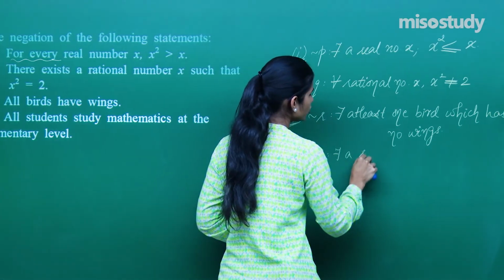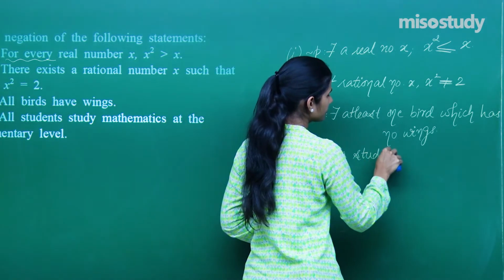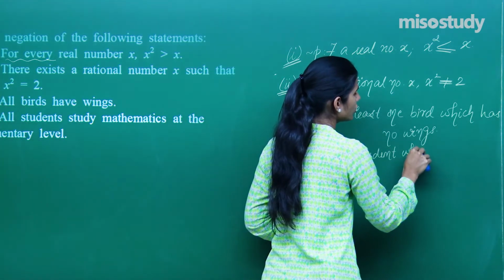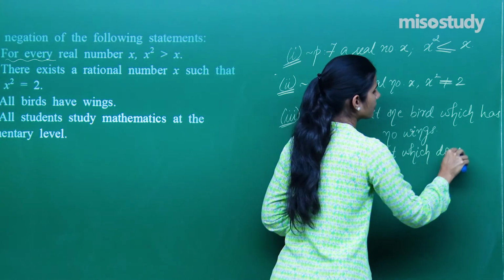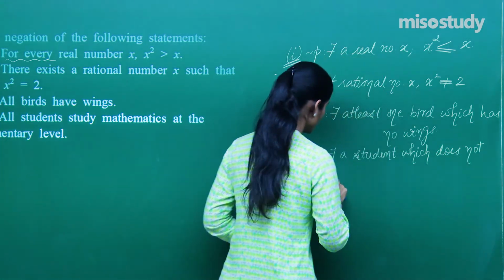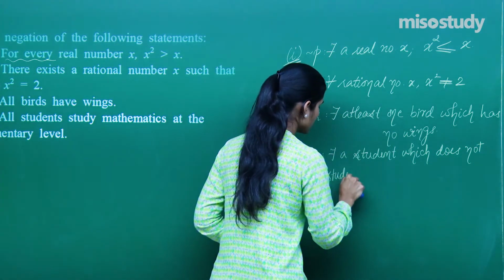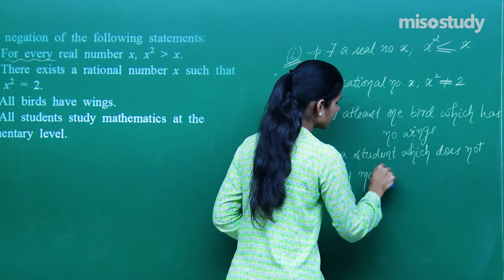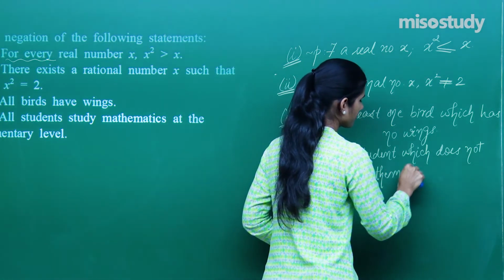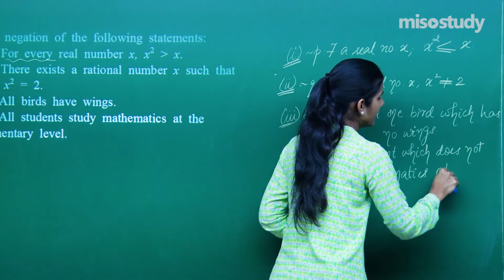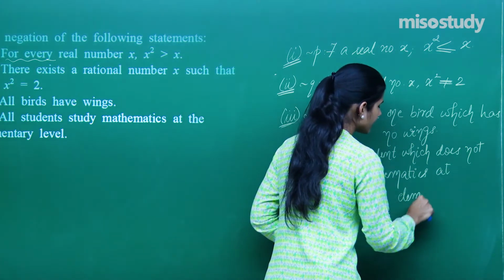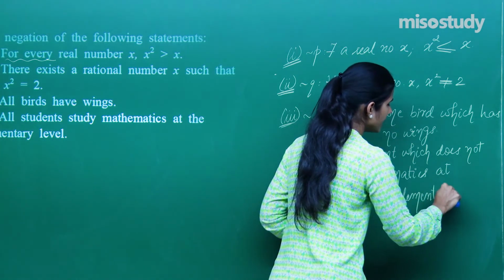The negation is, there exists a student which does not study mathematics at elementary level. This is the negation of the given statement S.